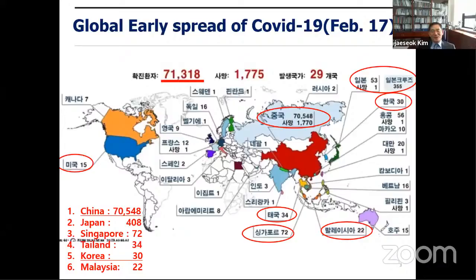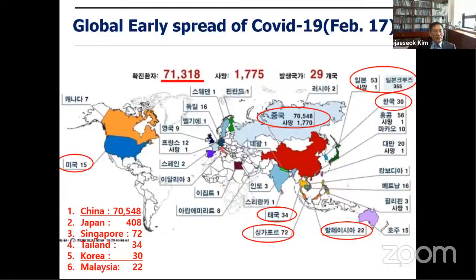Well, this map shows the global early spread of COVID-19 on February 17. At this time, the total number of infected people is about 71,000 something.